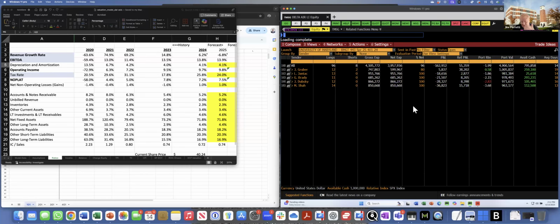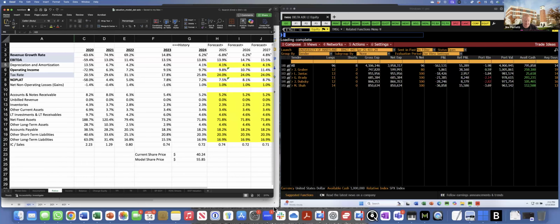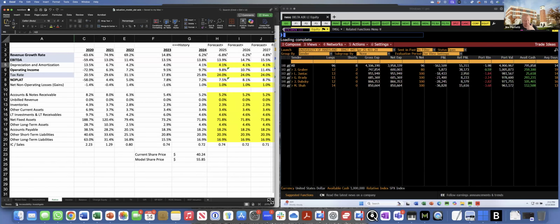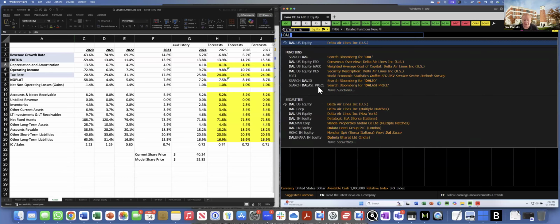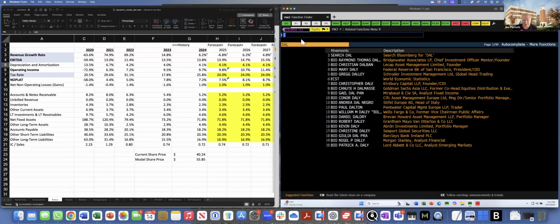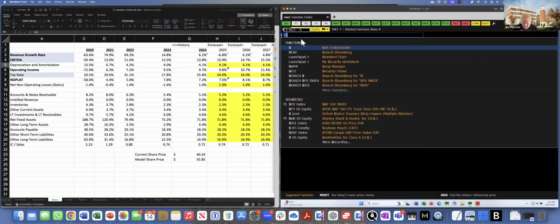All right, so let's talk about Delta Airlines. So over here on the left is the Delta as is. And I updated this right before the class. So your share price might be different depending on when you did the valuation, because obviously the markets have been fairly volatile.